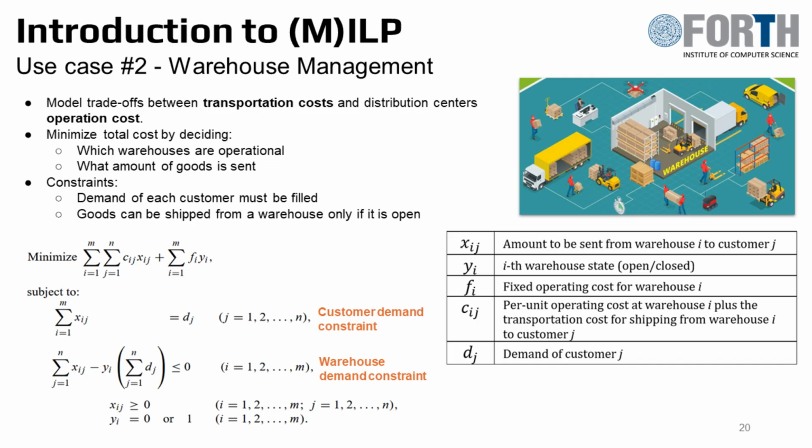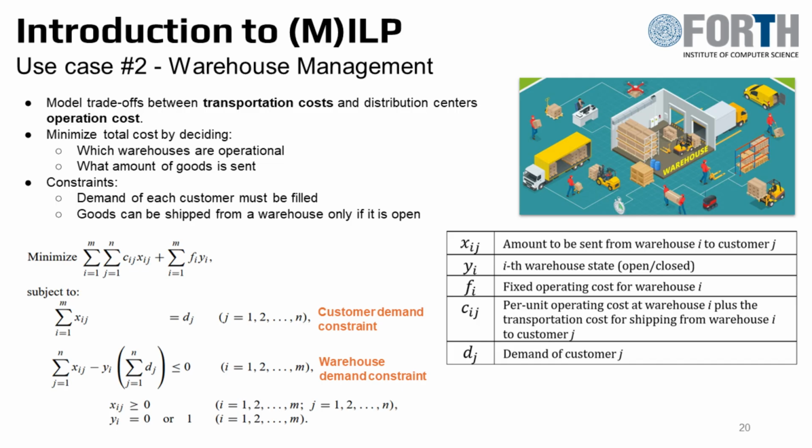There are 2 fundamental requirements. First, the demand of every customer must be fully satisfied. Second, shipments can only originate from a warehouse if that warehouse is open. The objective function therefore includes 2 terms: the cost of shipping goods from warehouses to customers and the fixed operating cost of each open warehouse.